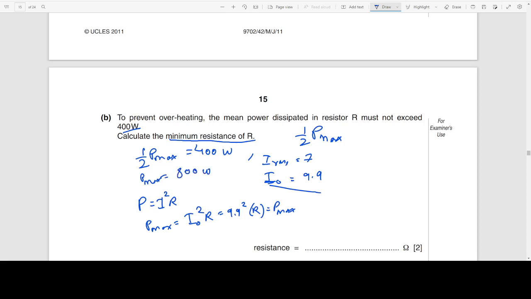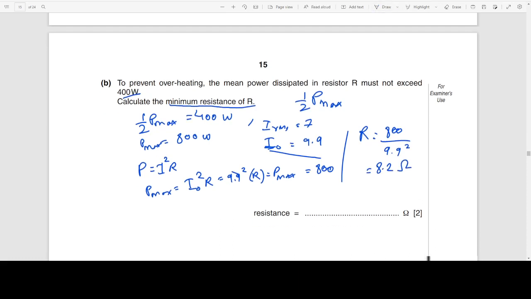This is the maximum, so this is equal to 800. So R is equal to 800 upon 9.9 square, which is 8.2 ohms.